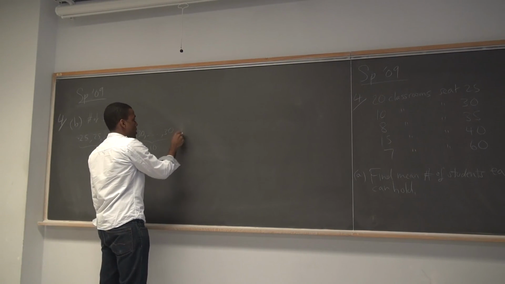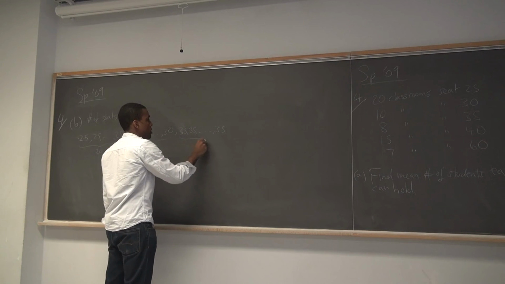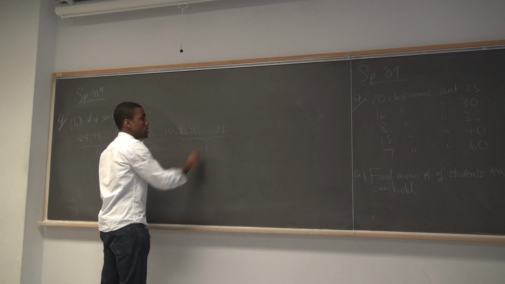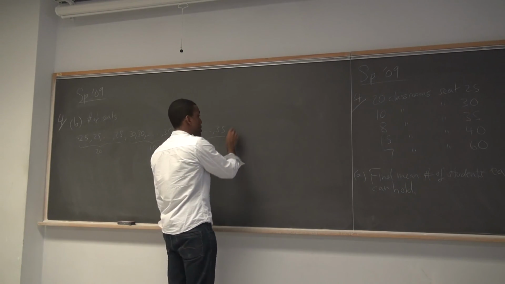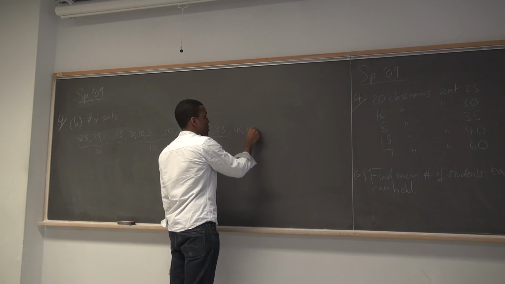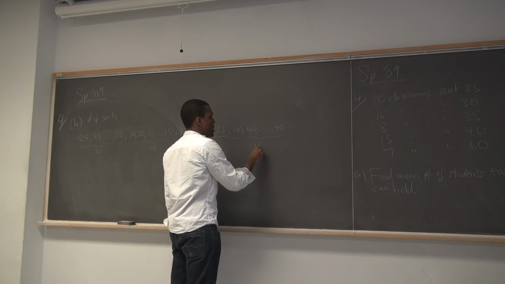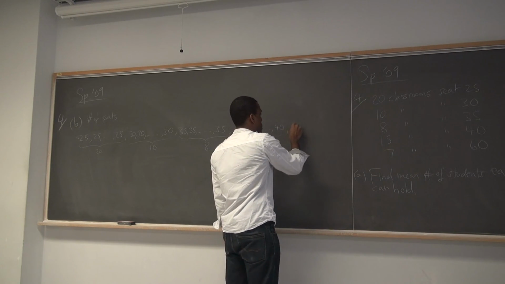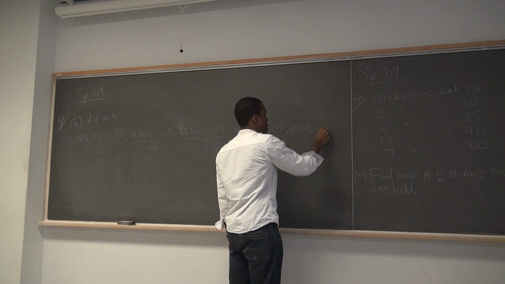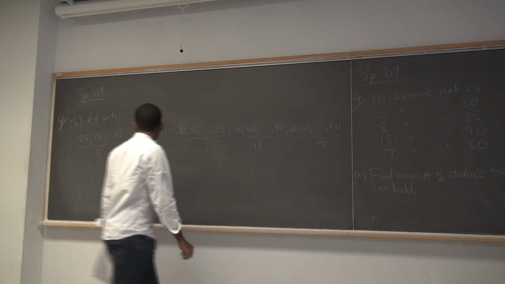Then we have 35, 35, 35. There are actually 8 of these numbers, all in line. There are 40, 40, 40. There are 15 of these. And there are 60, 60, 60. There are actually 7 of these.